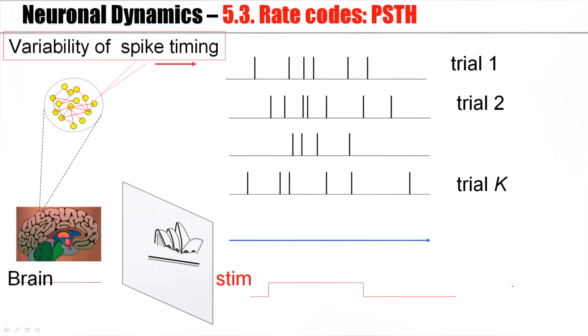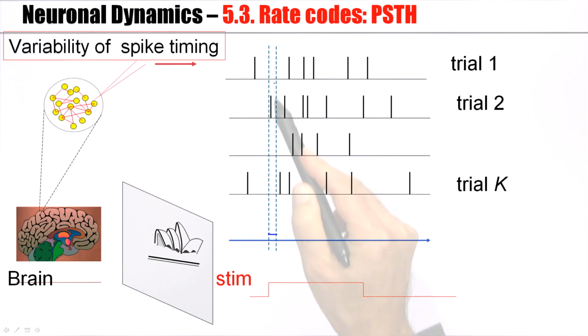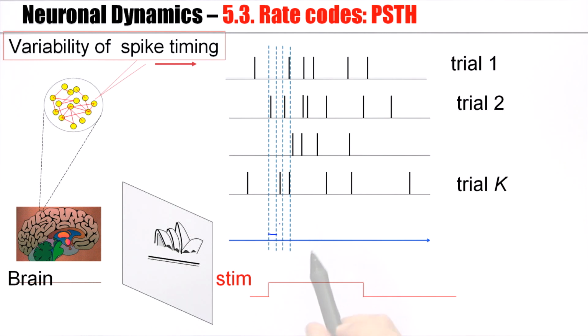But now, instead of just counting the total number of spikes, we define short time windows. For example, in this first interval, across all repetitions, we would find 1 spike. In the next time interval, we would find 1 spike. Then we find 3 spikes. Then we find 1 spike. Then we find 3 spikes again, and so forth.